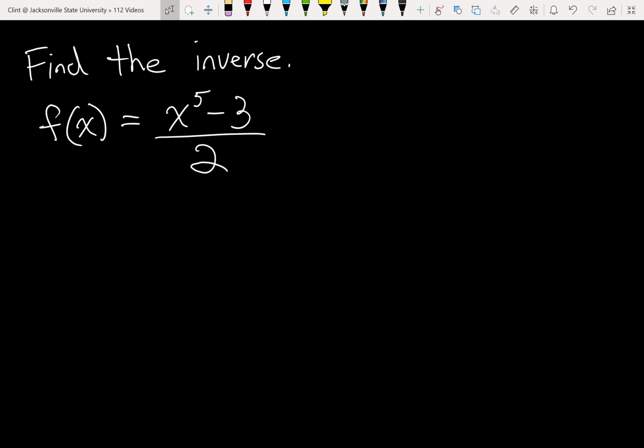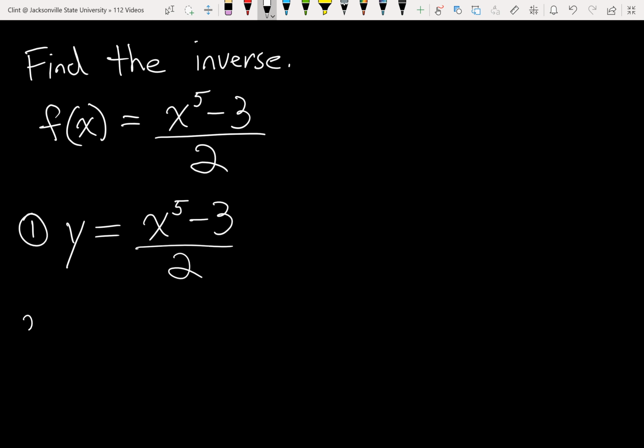Okay. So step 1, I'm going to switch f of x to y. Step 2, I'm going to switch x and y, so x equals, it was x to the 5th, so now it's going to be y to the 5th minus 3 over 2.